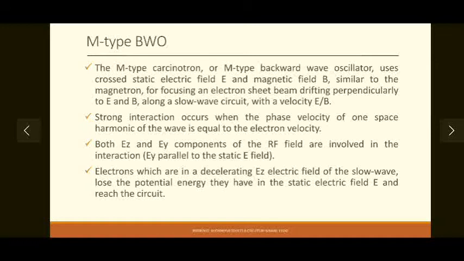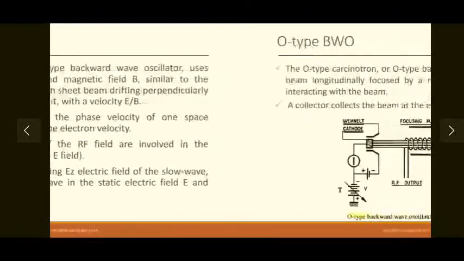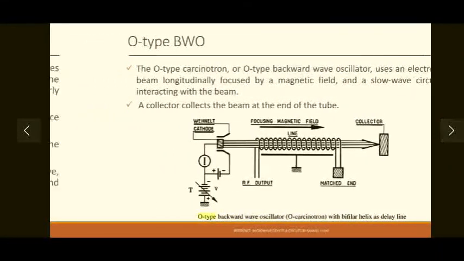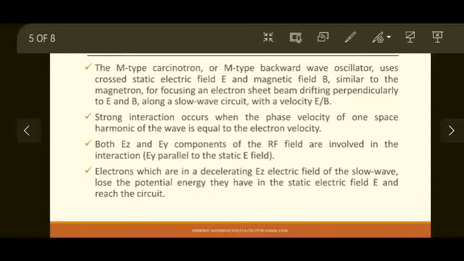M type carcinotron or BWO uses crossed static electric field and magnetic field. Crossed means they will be perpendicular to each other. So if the electric field is in this direction, the magnetic field will be perpendicular to that. Or if this is X, this may be Y, or the magnetic field may be in the Z direction also.